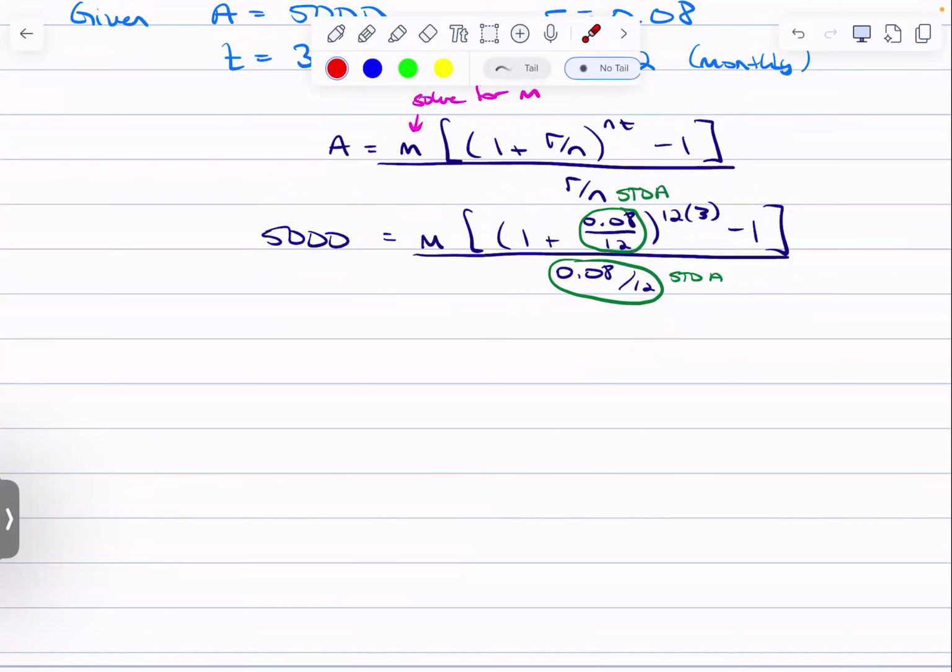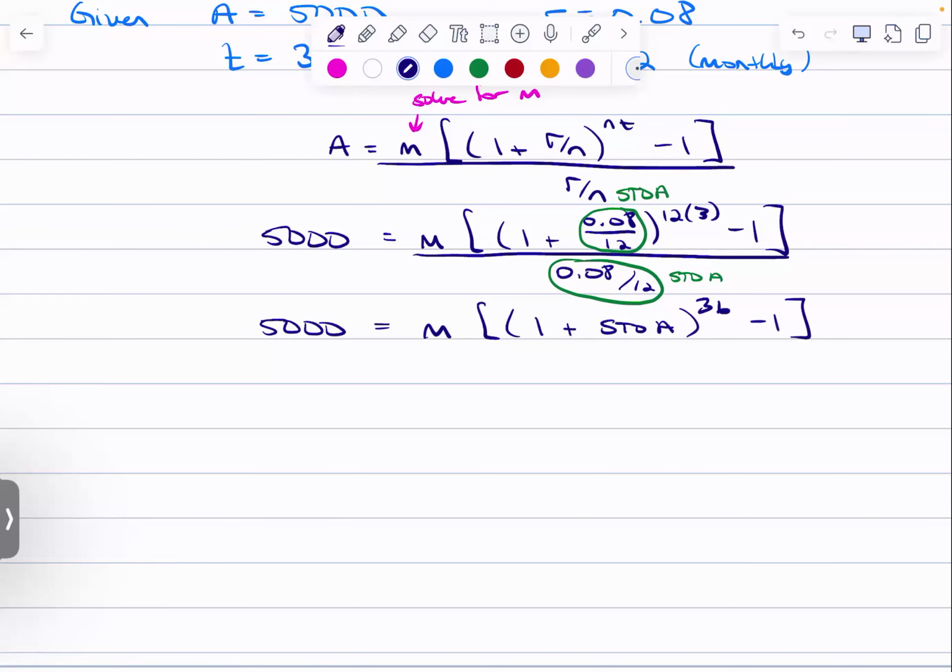And so I have 5,000 is M times 1 plus whatever's stored in A to the power of 36 minus 1 divided by whatever is stored in A. Okay, I hadn't actually stored it in A, so I had to do that first. But now I have to add 1.